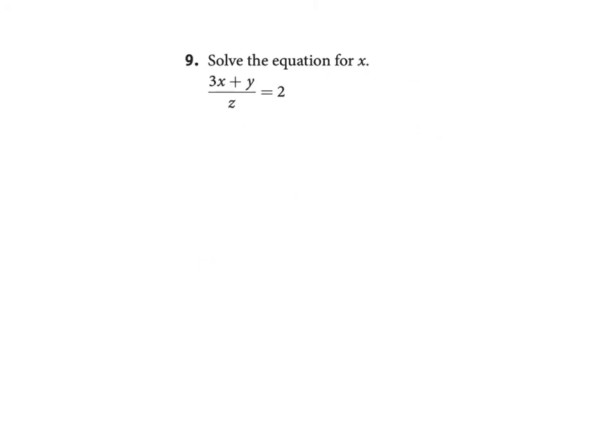Solve the equation for x. So where is x? Right here, right? In order to solve for x, everything else should go to the left side. So first, I need to move that denominator z. How can I do it? I'm going to multiply both sides by z, both sides by z.